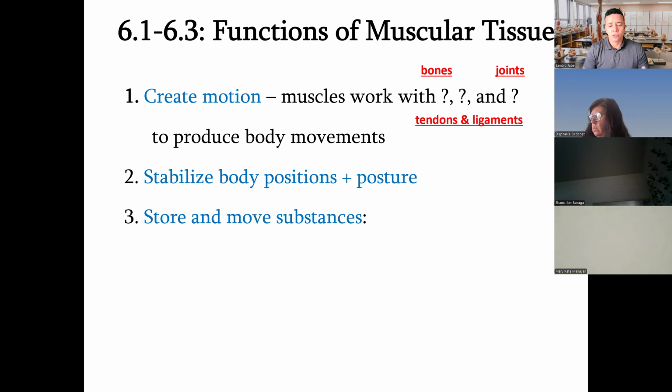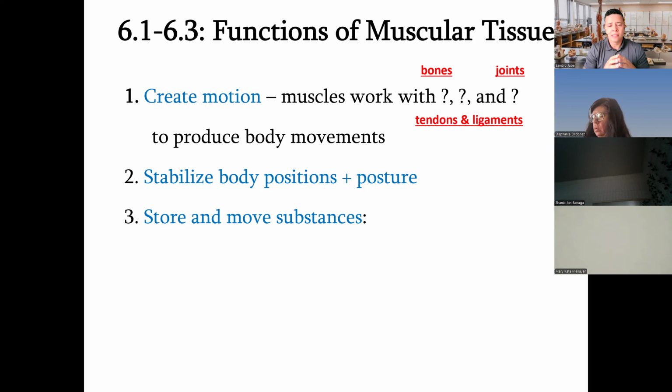Our muscular tissue also helps to move things out of our body. What do I mean by that? Now I am talking about the smooth muscle within the walls of the digestive tract. So we're going to talk about the digestive system later in the semester.